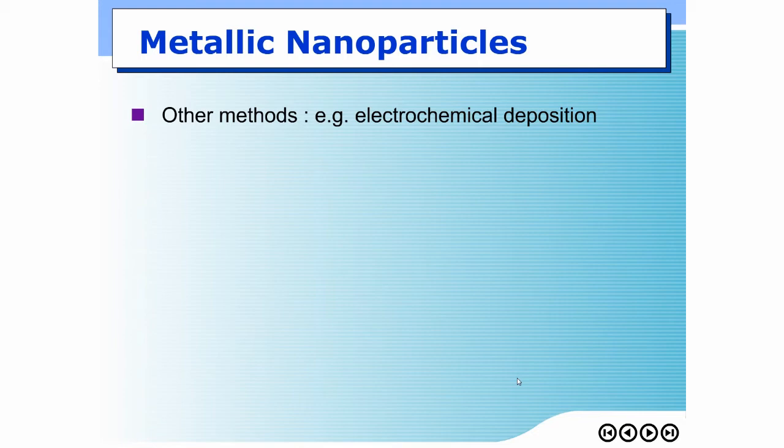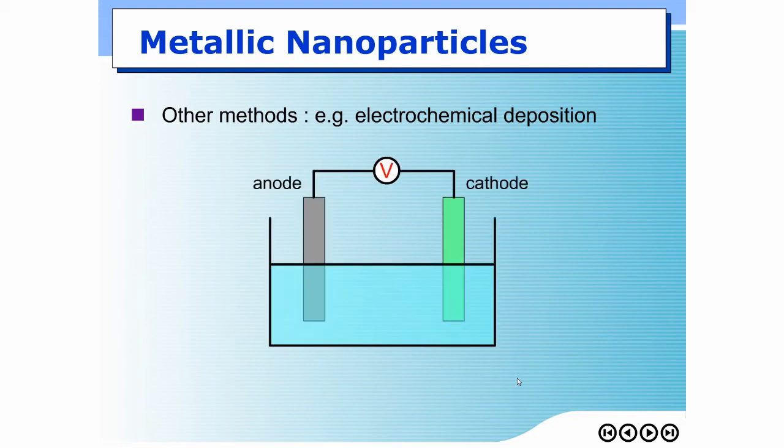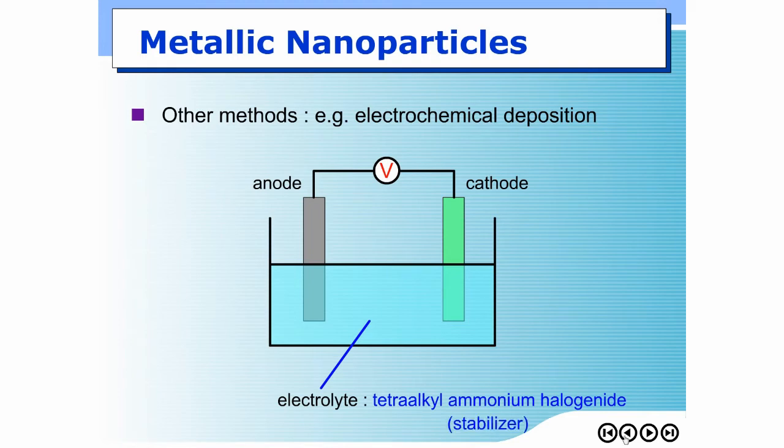For instance, we can use electrochemical deposition, setting up an anode and cathode like this. Suppose I have a gold bar as the anode and I apply a potential over this setup. The electrolyte in the system in this case is this compound. We will talk about this briefly in a moment.